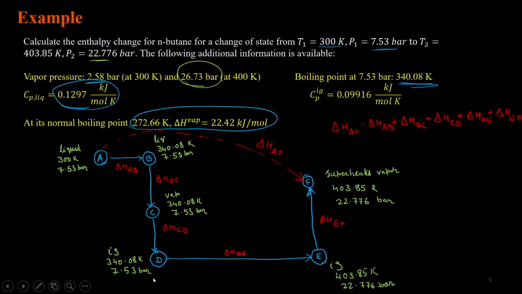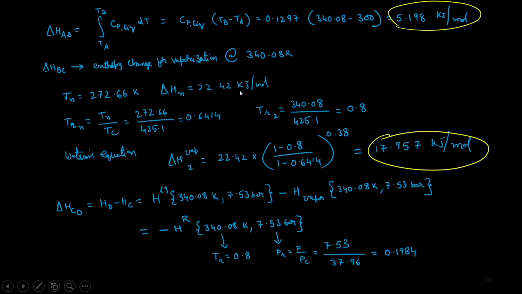I have HC to D, then I need to calculate HD to E. And if you look at it, HD to E is essentially the change in an ideal gas state. The pressure is changing as well as the temperature is changing, but if you recall, for an ideal gas, the enthalpy change is independent of pressure; it depends only on temperature. So I can write this equation fairly easily.